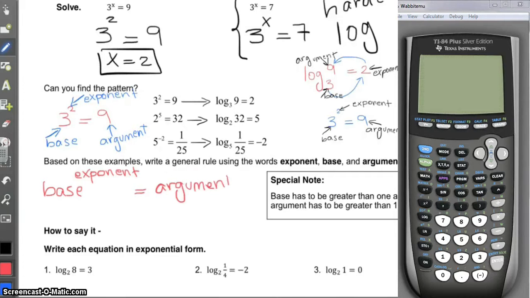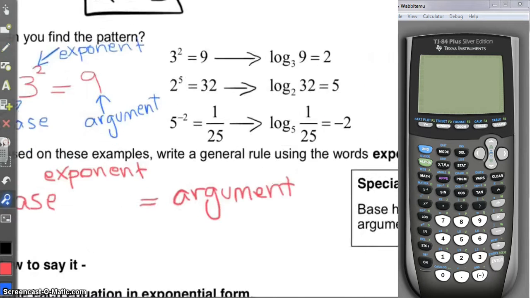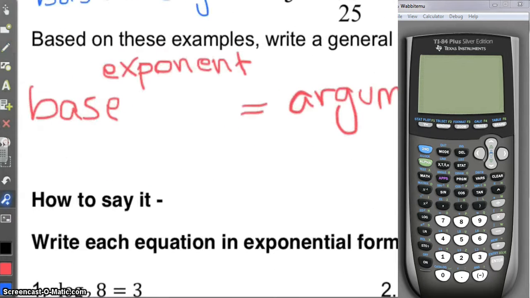This is an exponential function. Now to write the same thing using the logarithmic function, you would write log, and the base is the small number on the bottom next to the log, and we put the argument in parentheses next to the log, and this will be equal to the exponent.